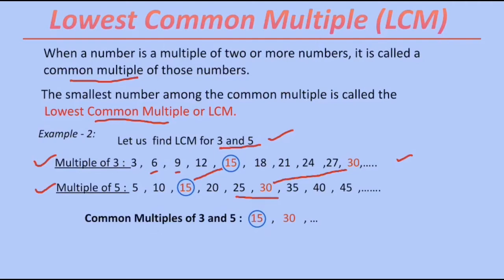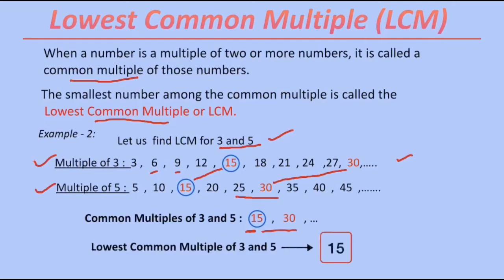Up to 2 common multiples is enough to identify the lowest common multiple. So we have listed the common multiples of 3 and 5 are 15 and 30. Out of these, 15 is the smallest common multiple. So we can find out that the lowest common multiple of 3 and 5 is 15.